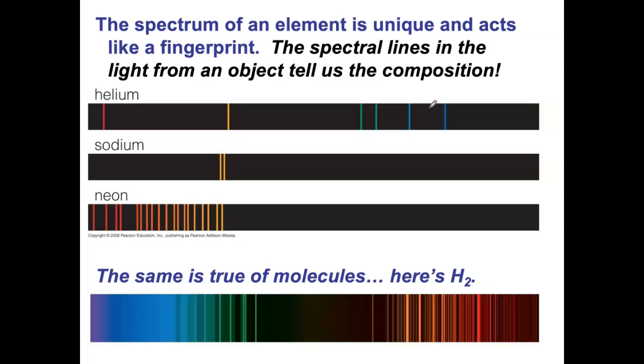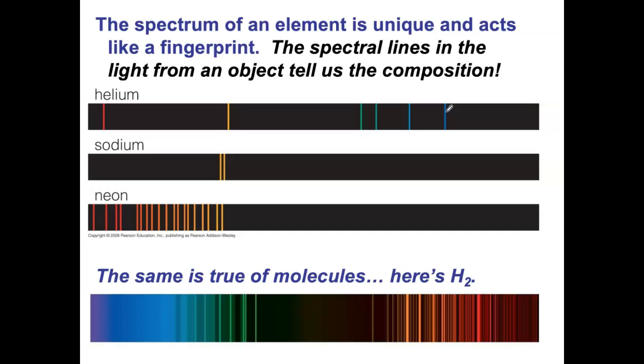So when you take a hot gas, that hot gas gives off specific bright colored lines against a black background. And the important thing about this is that each element of the periodic table has different emission spectra. Every element in the periodic table, hydrogen, helium, lithium, beryllium, all of them, has different energy levels.